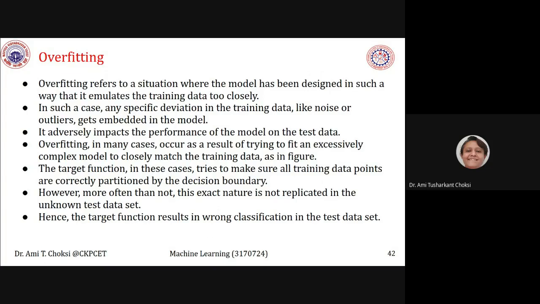Now we want to know overfitting. In the figure we have already seen, right? What is overfitting? Overfitting means we are trying to fit almost all the data for that particular curve or line or whatsoever, right? So overfitting refers to a situation where the model has been designed in such a way that it emulates the training data too closely.